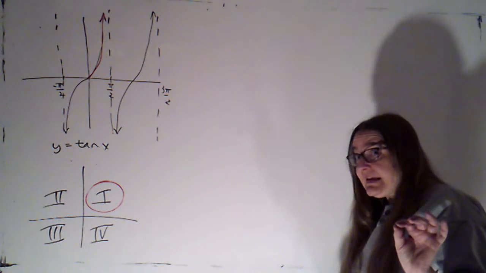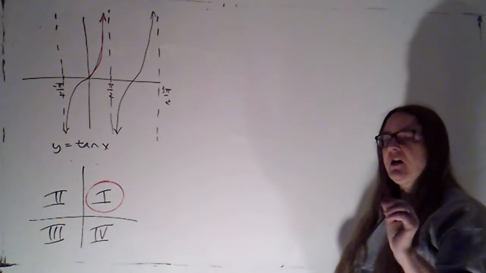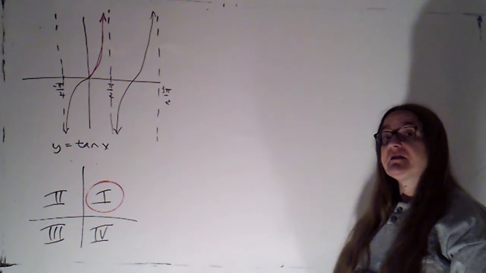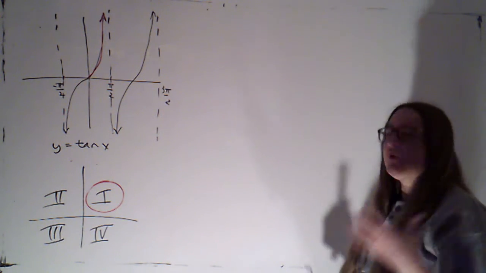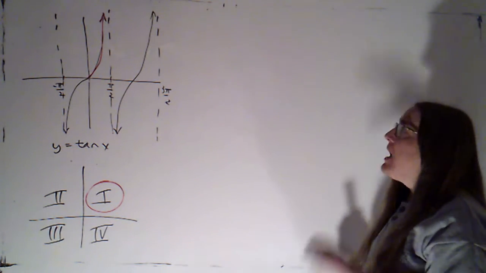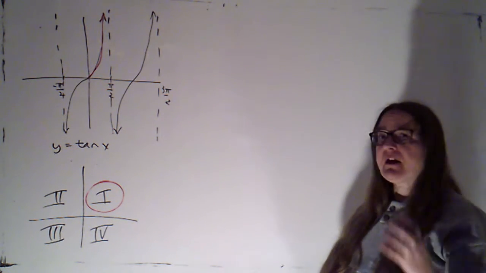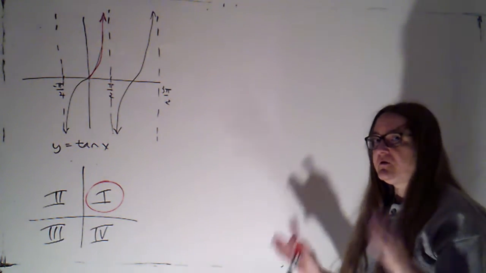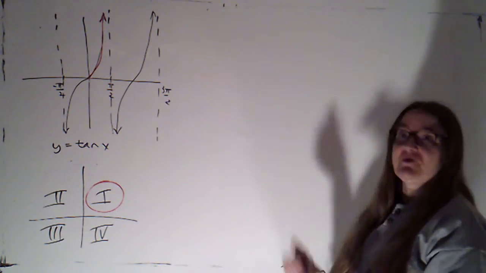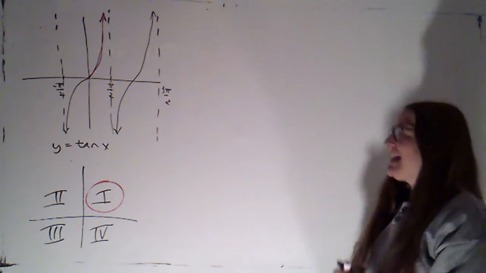Secant and cosecant are kind of interesting because there are two accepted definitions for those functions, and we'll talk about that more in the next video. But for arcsine, arccosine, and arctangent, there is a standard definition, so that the range, which corresponds to the restricted domain, is set.